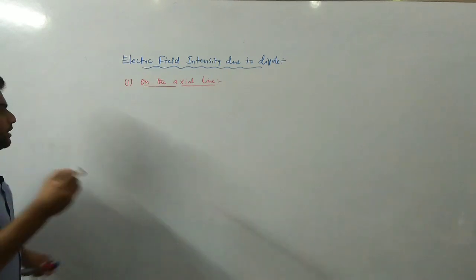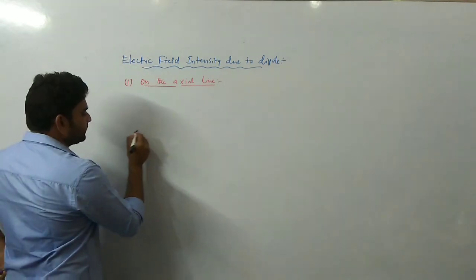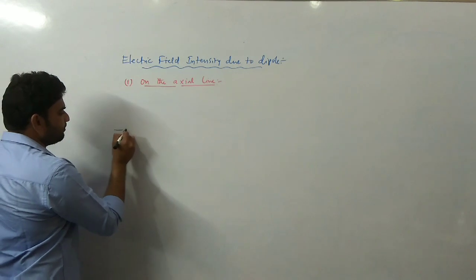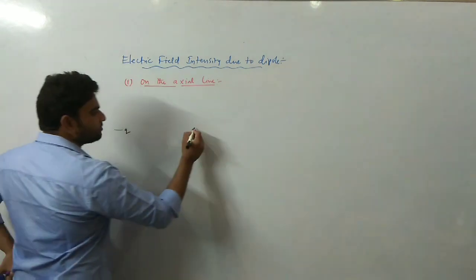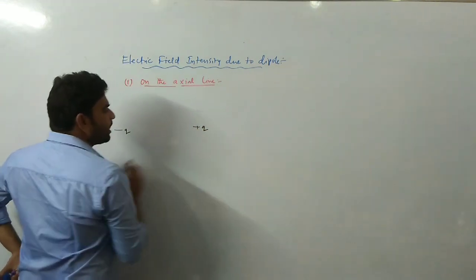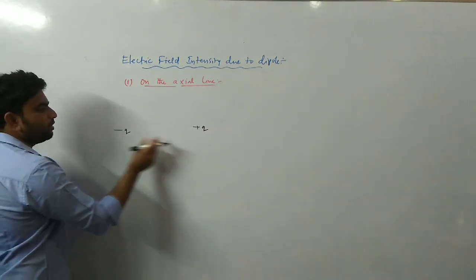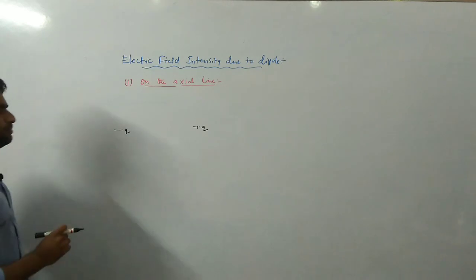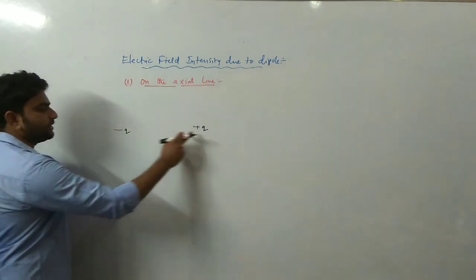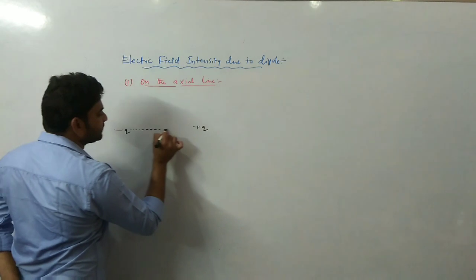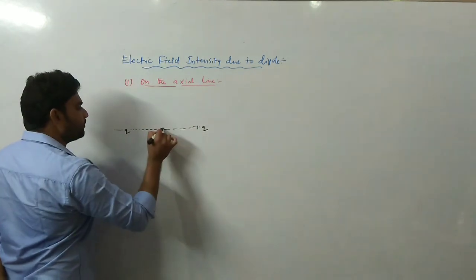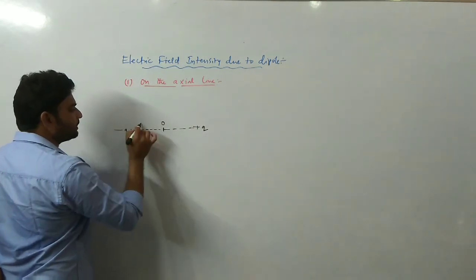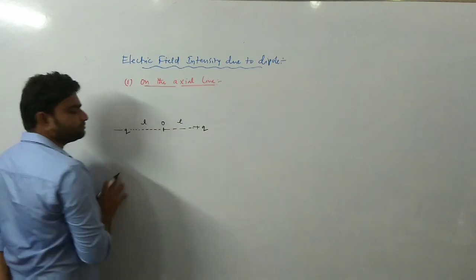So let me consider the system now. This is my minus charge and this is my positive charge. I already told you for the dipole the two charges should be the same in magnitude and different in nature, and these two charges are separated from the midpoint O so that this length and this length are the same.